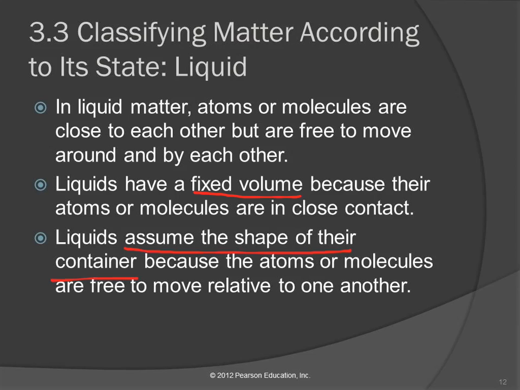Does the shape of the water change? Yeah. Ice doesn't do that, it's solid. Liquid water changes shape when you put it in a different container. It takes on the shape of the container. Does the volume change? No. It may look like it changes, but it's the same volume. So liquids have fixed volume, but their shape can vary.